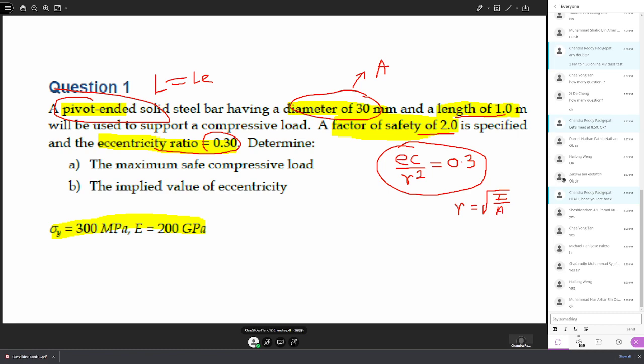The yield stress is given as 300 megapascals. The modulus of elasticity is given as 200 gigapascals. Now you're asked to determine the maximum safe compressive load and the implied value of eccentricity. Implied value of eccentricity means you are asked to calculate e.